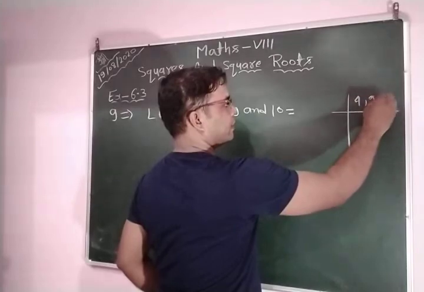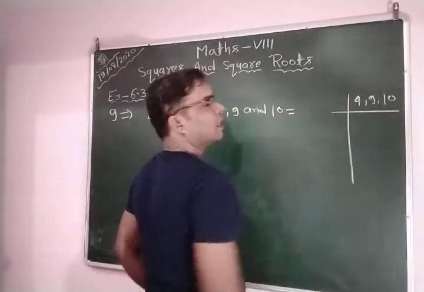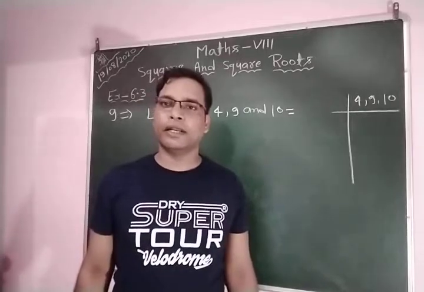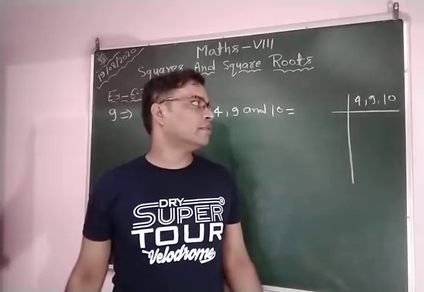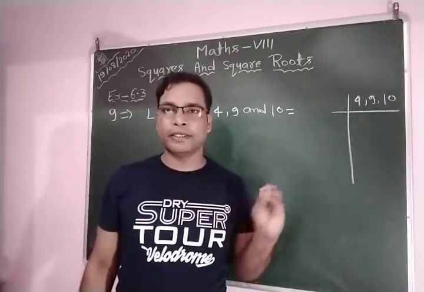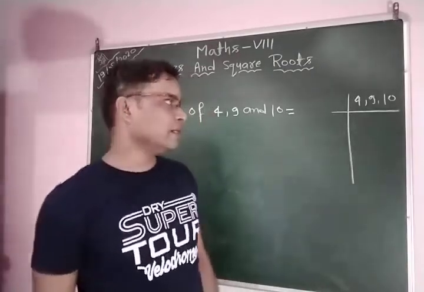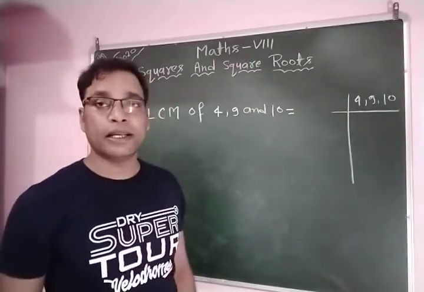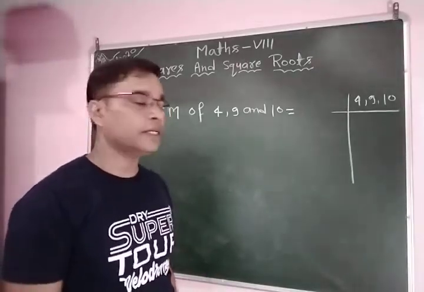You can select the smallest number that is divisible by 4, 9 and 10.